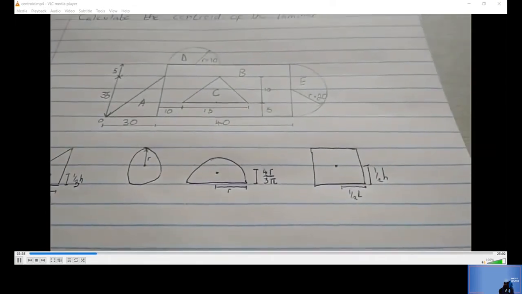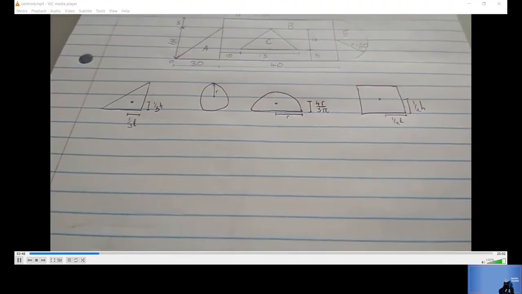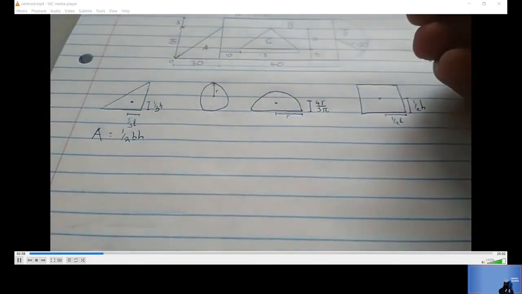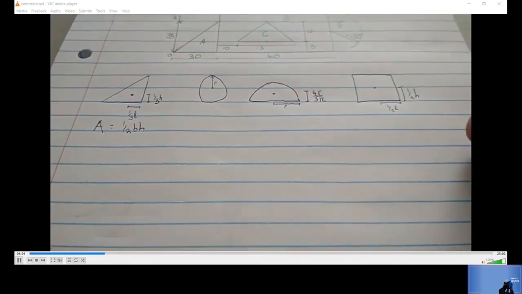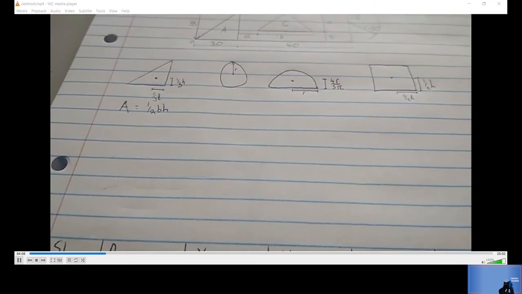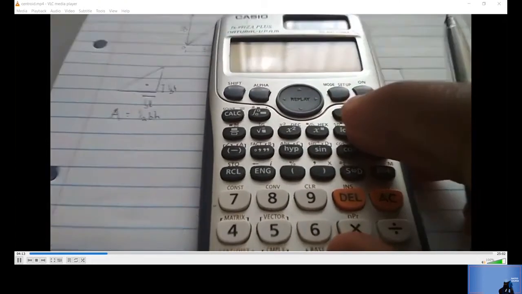If we go to shape A, as you can see from my lamina, it is a triangle. Okay, and we know that the area of a triangle is equal to half base times height. So what are we going to do? We're going to take a calculator and put this into a calculator.